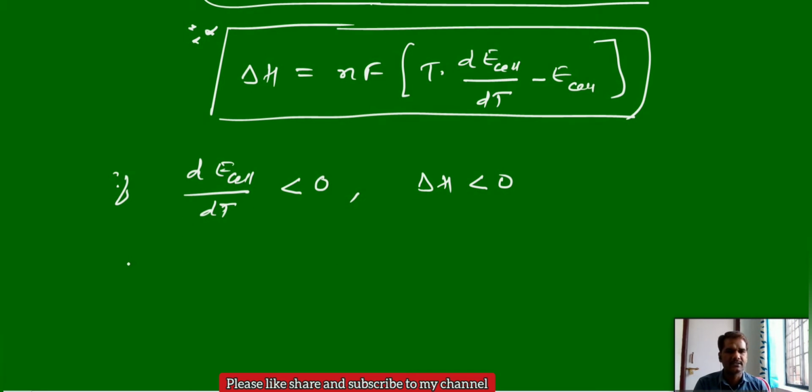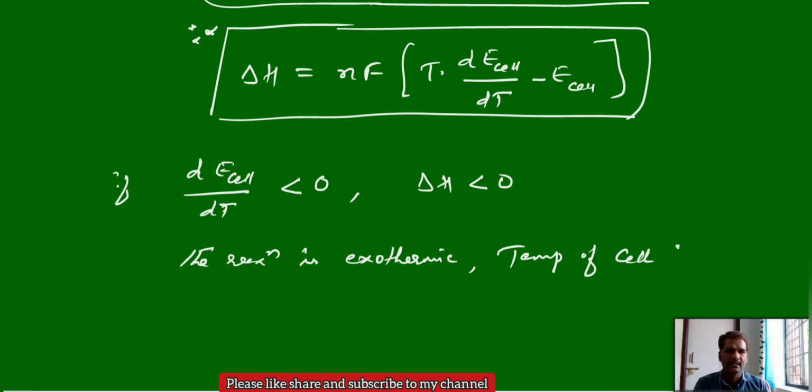So then the reaction within the cell is exothermic. Exothermic means heat evolved. So in this case, temperature of the cell increases.